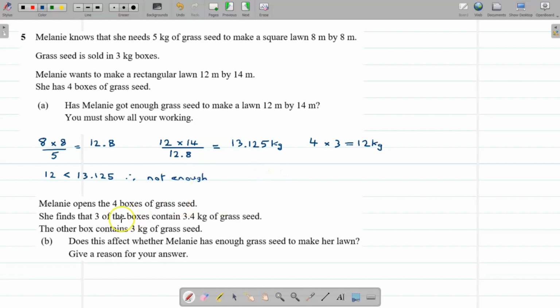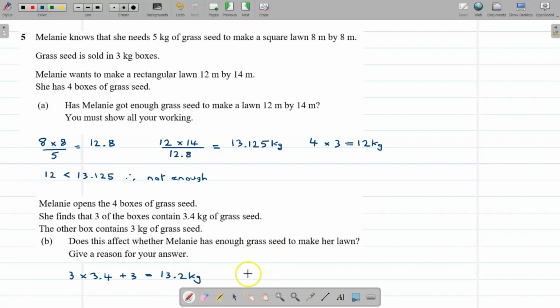Now for the second part of the question, she finds in fact that there's more grass seed than she thought. In fact, there's 3 boxes containing 3.4 kilograms each, and the 4th box contains 3, and that now comes to 13.2 kilograms.